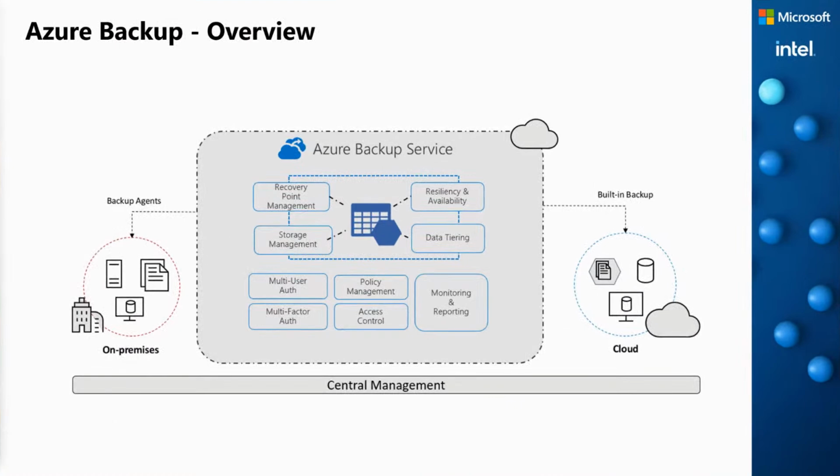Azure Backup is a technology that provides a backup of our workload. This can be our physical hosts. This can be our virtual machines. Azure Backup provides a backup of our workload in Azure. So we back up data to Azure, and we can restore data from Azure.